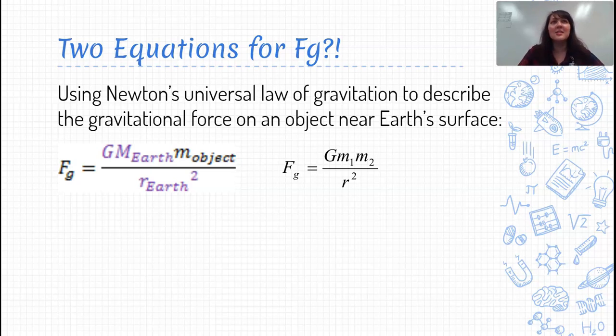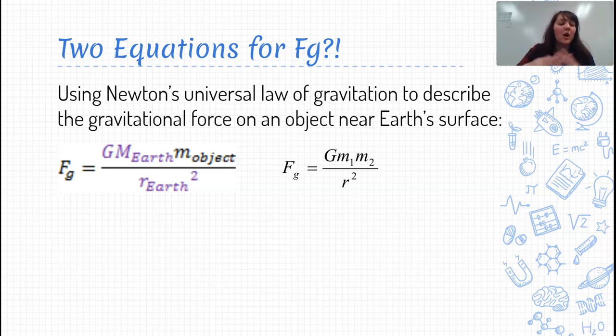And then the distance between the Earth and the person is really just equal to the radius of the Earth, right? Even if a person jumps up a little bit or whatever, approximately the distance between the person and the center of mass of the Earth is about equal to the radius of the Earth. Okay, so we plug in all those values into Newton's universal law of gravitation.